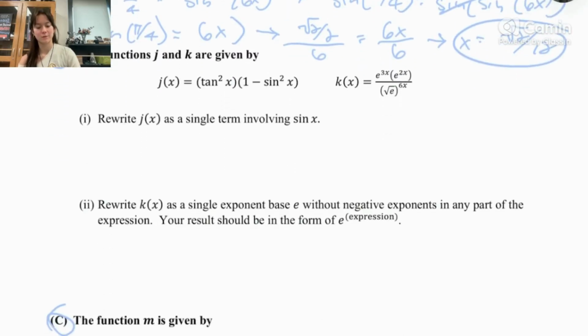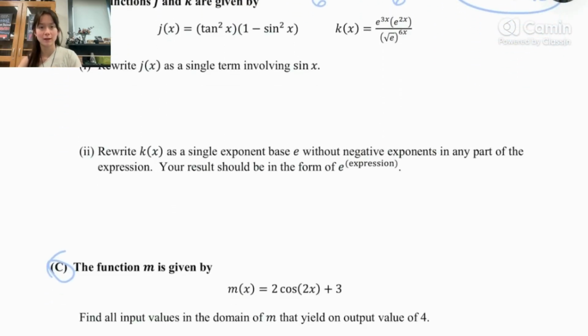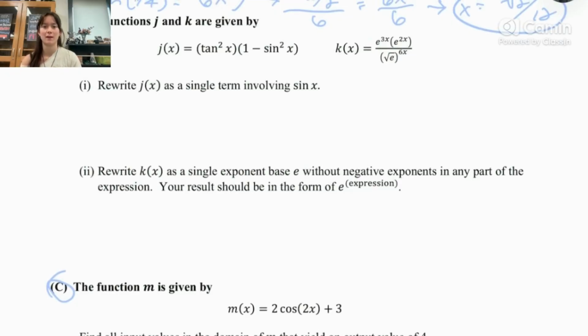And then from there, you're given j of x and k of x. When you're thinking about rewriting into a single term, you think about those memorization things that you've been applying for a couple lessons. You're going to start out by writing j of x equals tan squared of x times (1 minus sine squared of x). And 1 minus sine squared of x is the same thing as cosine squared of x, so I'm going to write that in those parentheses.